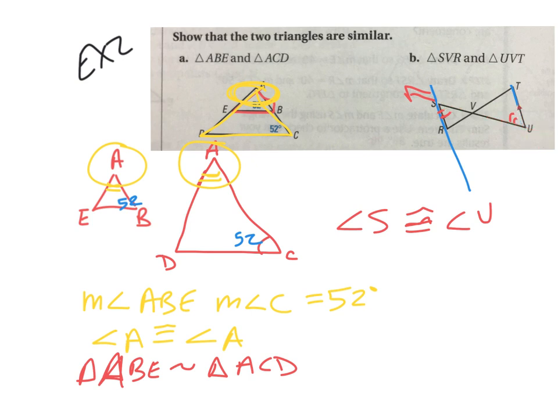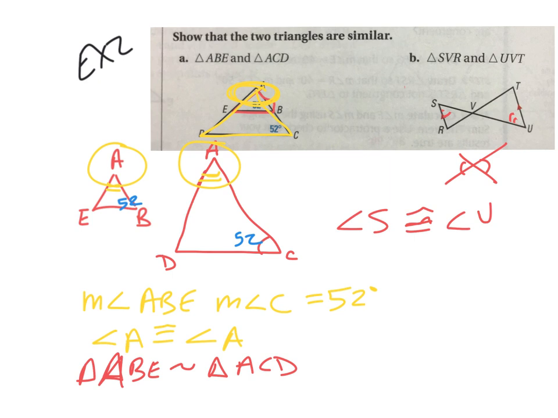I'm going to get rid of this because now we're just going to look at the two triangles. Look right here in the middle. Do you remember what these are called when you have an angle right across from an angle? It forms that X. It starts with a V. It's the vertical angles theorem.